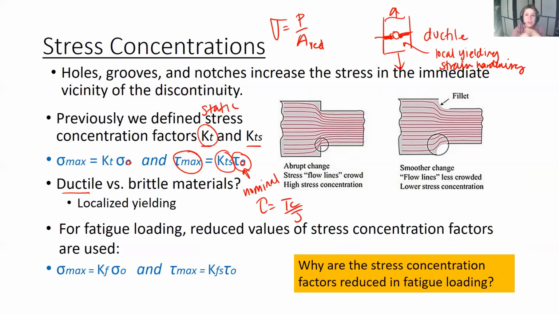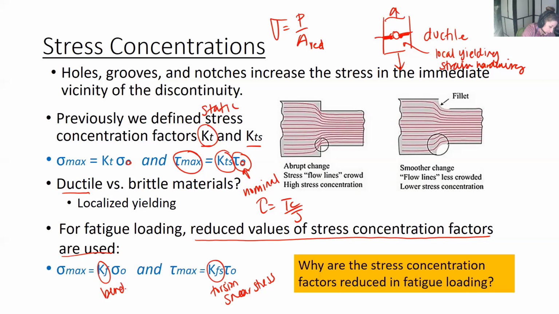But in fatigue loading, you always have to use stress concentration factors, even when you do have a ductile material. We use reduced values of stress concentration factors, so Kf and Kfs. So this is torsion, anything that produces shear stress. This is for bending, for axial loading. And stress concentration factors are reduced in fatigue loading, so they're not as high as the static stress concentration factors.